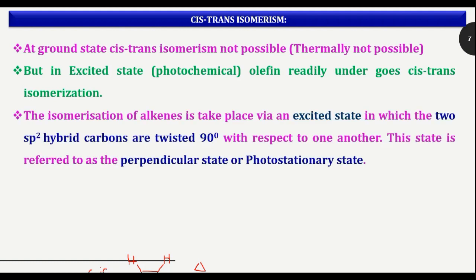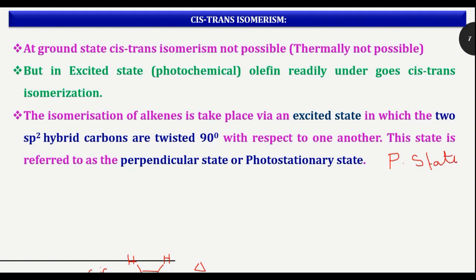In this excited state the two sp2 carbons are twisted. Those are going to be twisted by 90 degrees. Now this state is called perpendicular state or photostationary state. Sometimes in exam they are asking about p state or perpendicular state or photostationary state, all are same.